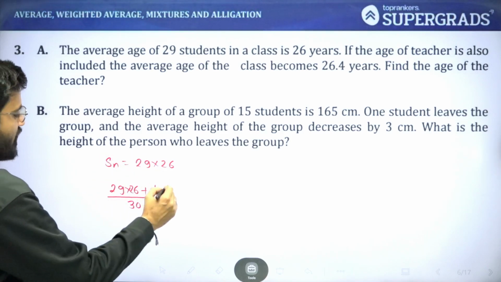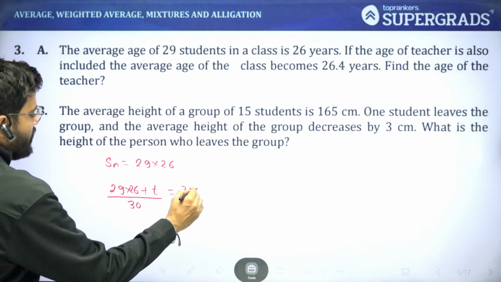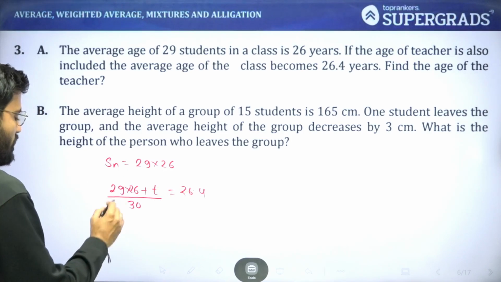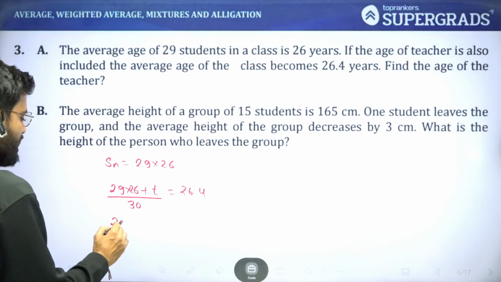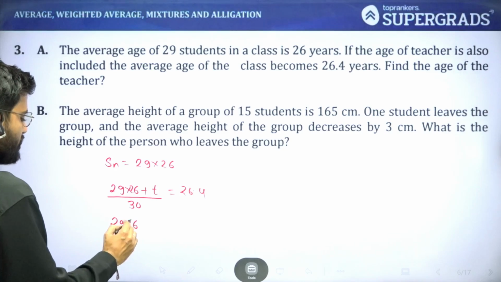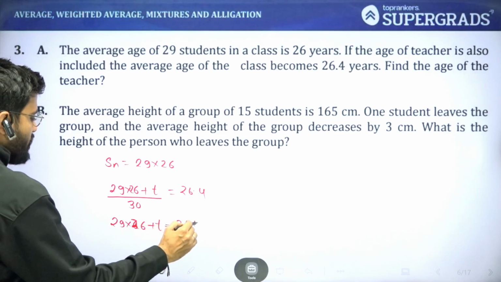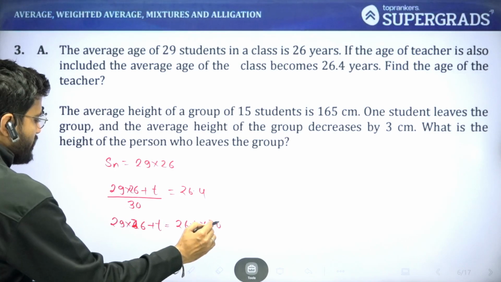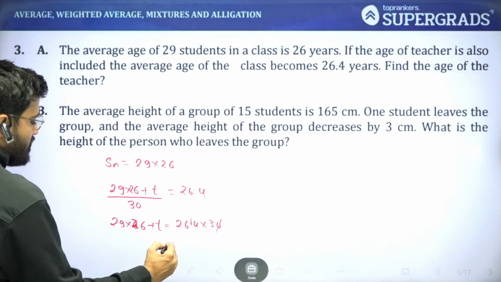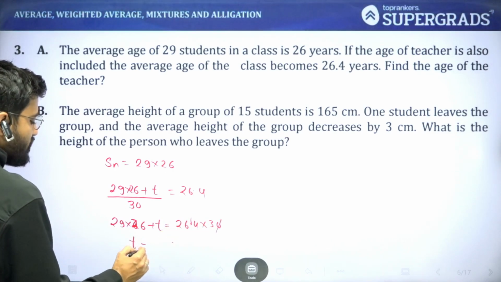The average becomes 26.4. So we can write 29 into 26 plus t is equal to 26.4 into 30.